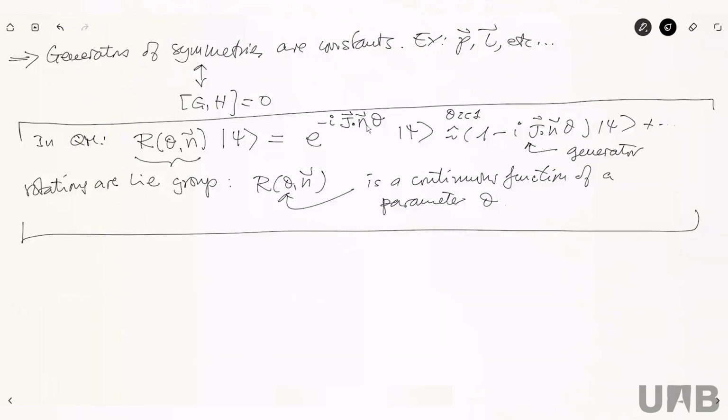Time is the only parameter, so that's the thing that I vary, right? So the number of generators has to be the same as the number of parameters of the group. And the number of parameters of the group is the amount of numbers that I have to fix to define an element of the group.